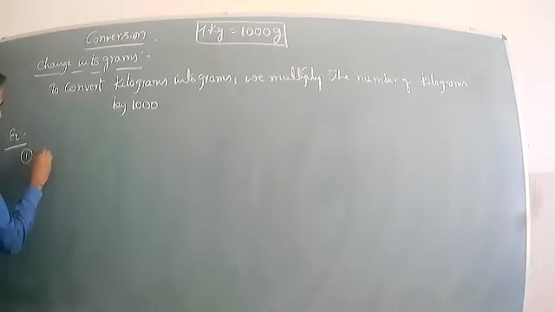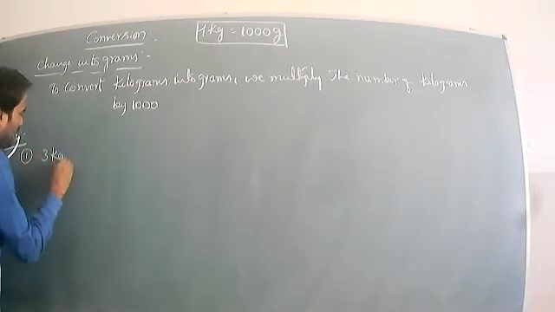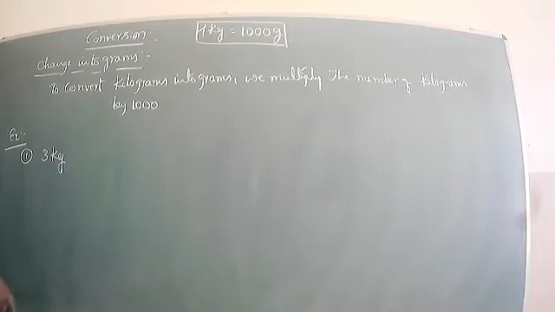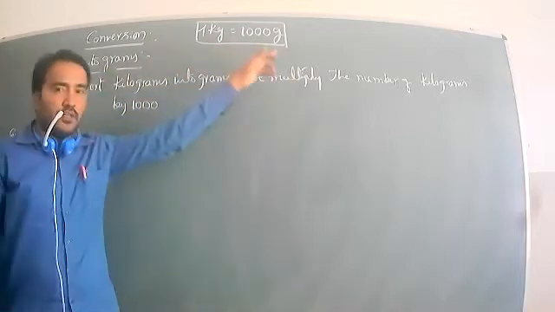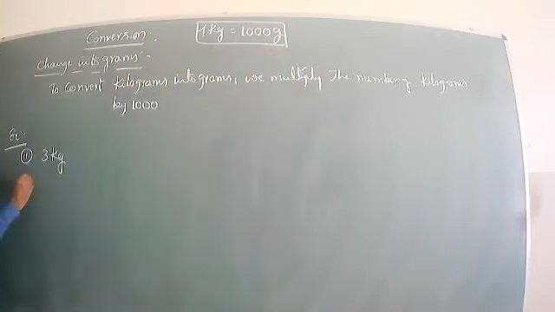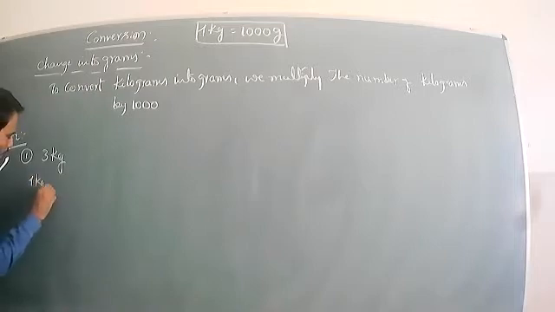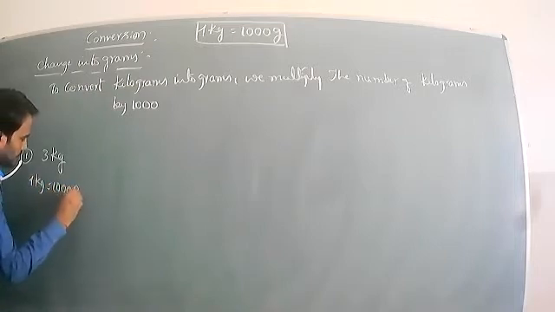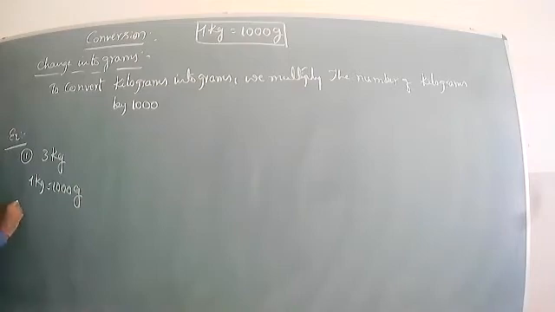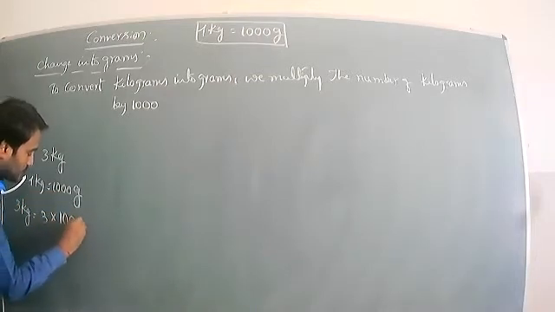First one, 3 kg. 1 kg is equal to 1000 grams. So 3 kg equals how many grams? The number of kilograms is 3, and we multiply by 1000, since 1 kg equals 1000 grams.